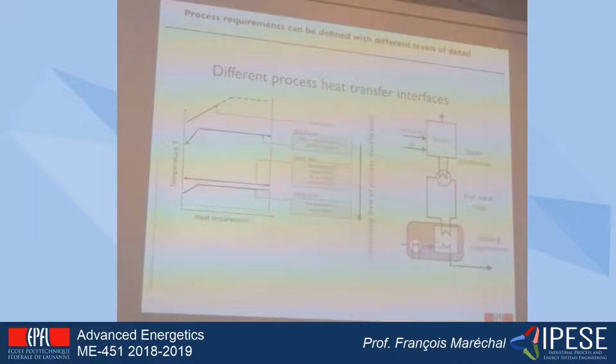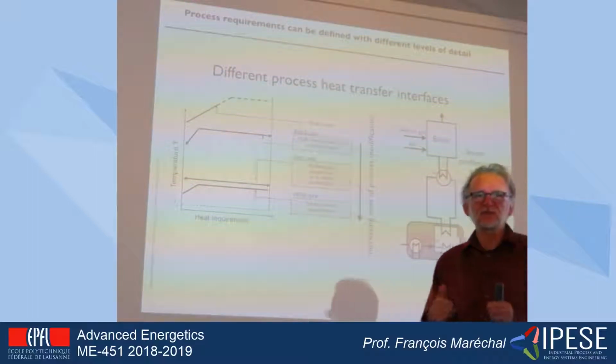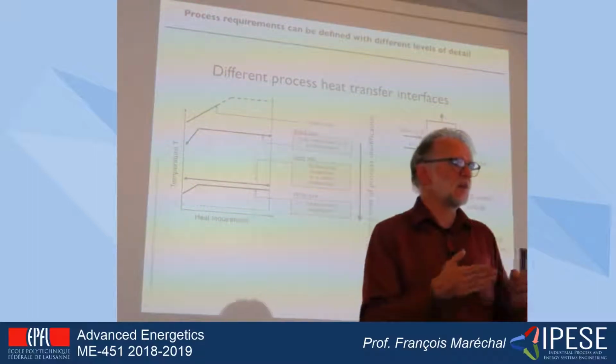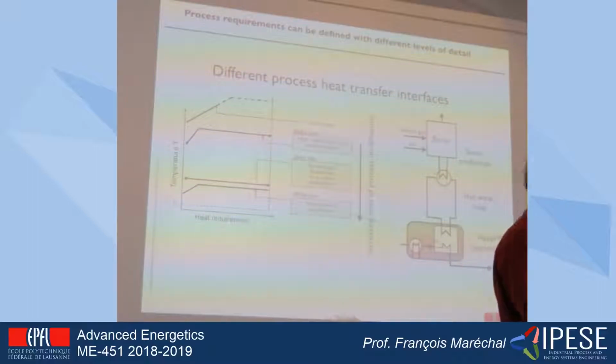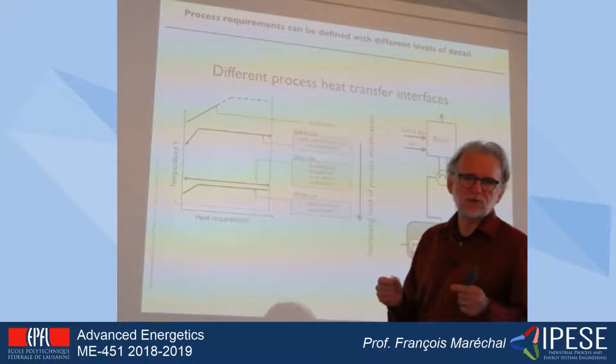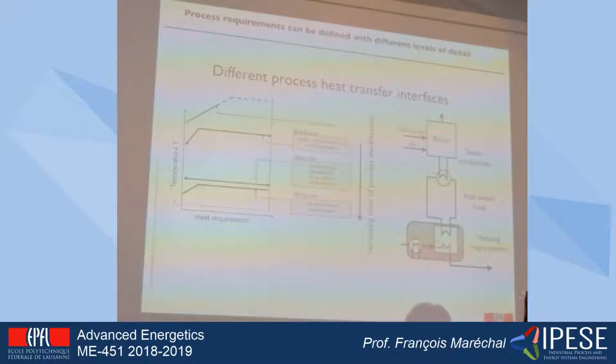So what I'm going to do now is to look at the requirements by saying, okay, the process needs to be heated and the operation is happening at a given temperature inside the process. Perhaps this process needs hot water, is using hot water, sorry. So it means that now I can decide that the process that needs to be heated will be heated by supplying the hot water instead of heating the process directly.